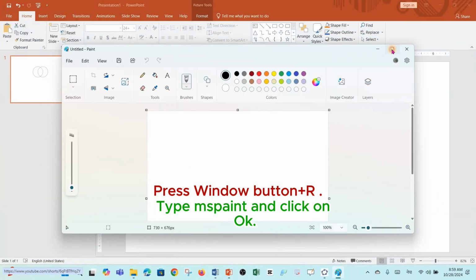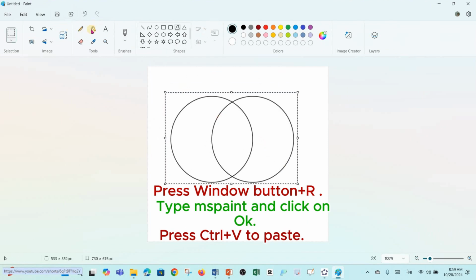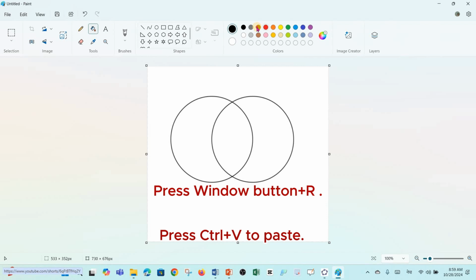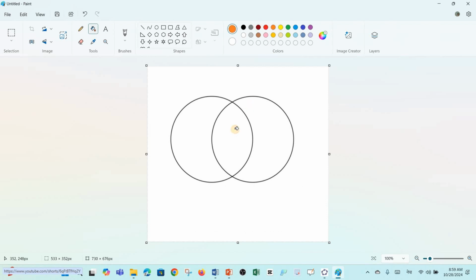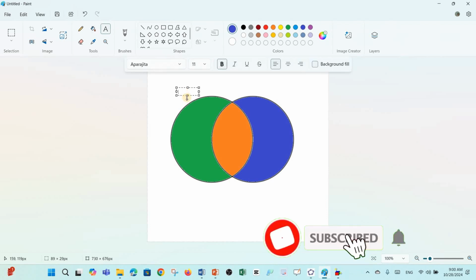Now click on the maximize button, press Ctrl plus V. Then from this fill tool, you can fill whatever you want, in different colors. This one represents A minus B, A intersection B, B minus A. Like this, you can use GeoGebra to draw Venn diagrams also.